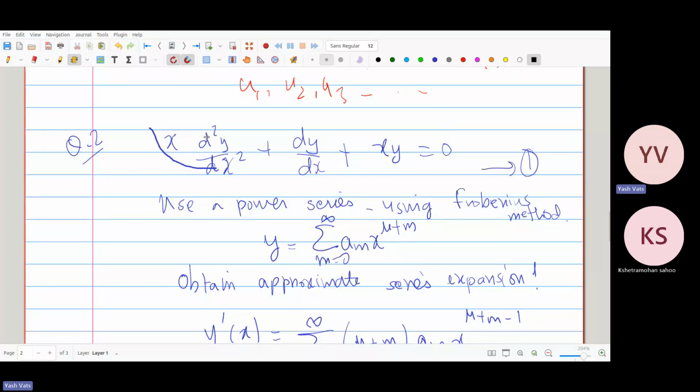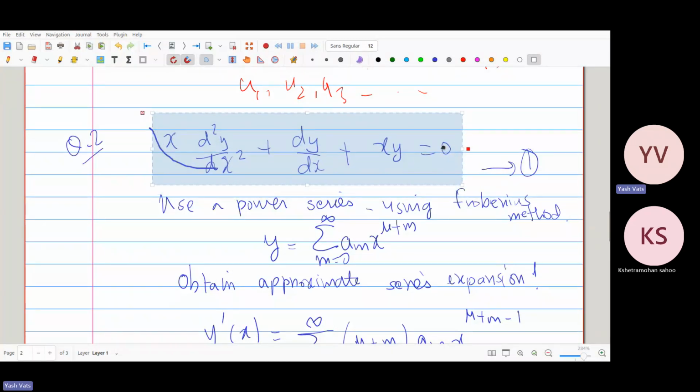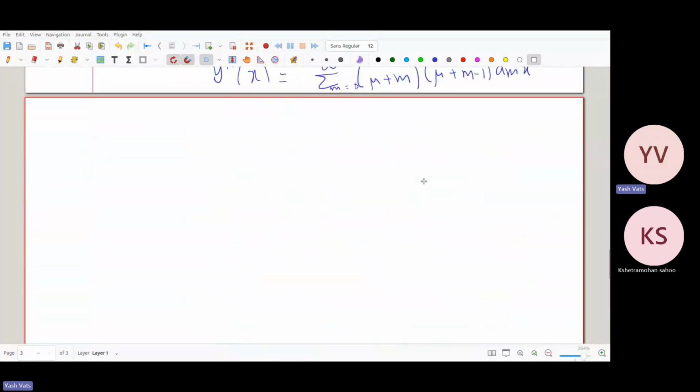Does it select? Cannot select the text. Select rectangle, select region. So I just select this region. Why does this not fit over here? Okay, yeah. So I just copy it and paste it here.